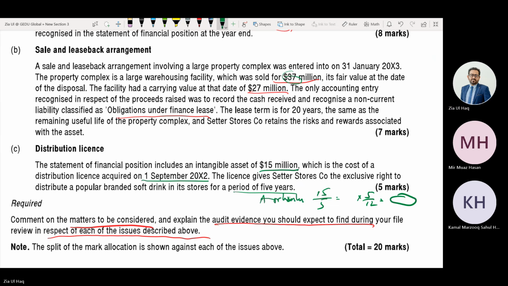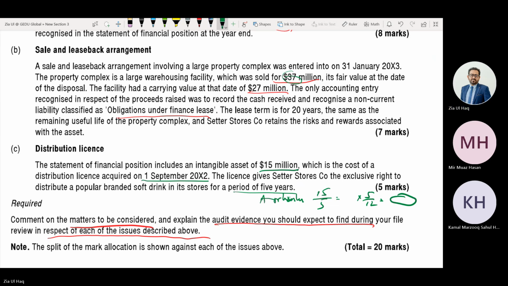So per IAS 38, if this asset is meeting capitalized criteria, meaning providing future benefit to the company, it must be capitalized under non-current assets. And per IAS 38, it must be amortized over useful life, and hence material to profit, so should be recognized.